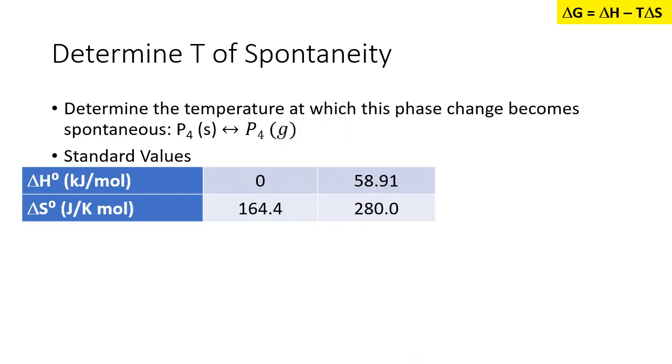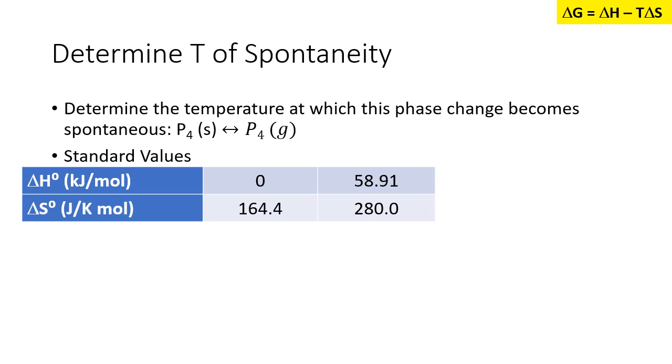We can use standard enthalpy and entropy values to calculate the Gibbs energy. We need to determine the temperature at which the phase change becomes spontaneous when we go from P4 solid to P4 gas. I have some standard values that I've looked up in the textbook. We're going to plug into the delta G equals delta H minus T delta S equation.